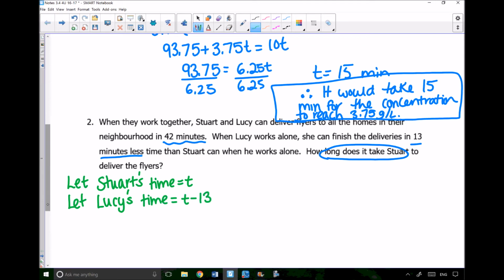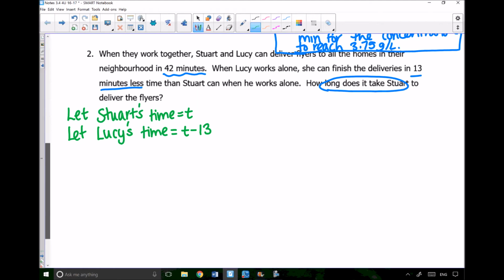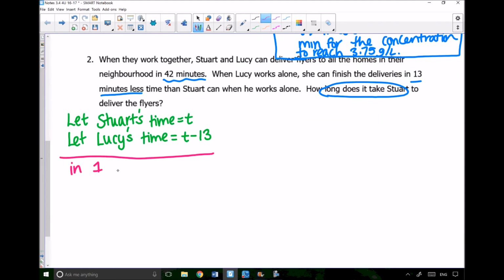Okay? Now, we've got to write some other information down here. So in 1 minute, what's happening? We know that Stuart is getting 1 over t of the job completed, because we know that it takes him t minutes, so in 1 minute it's 1 over t of the job.